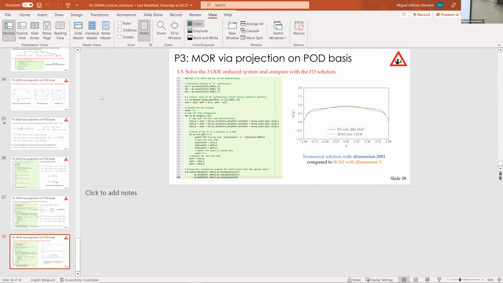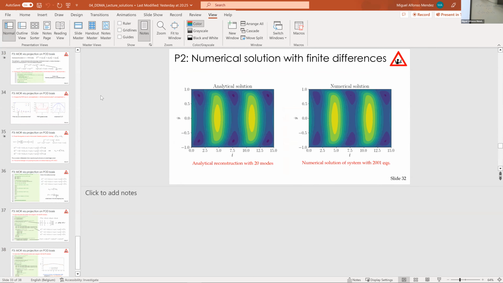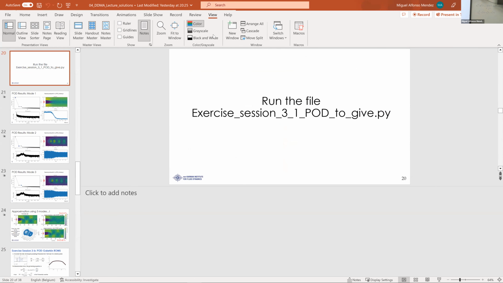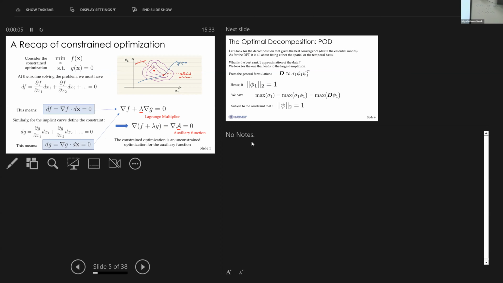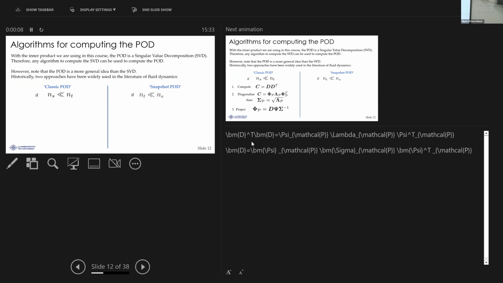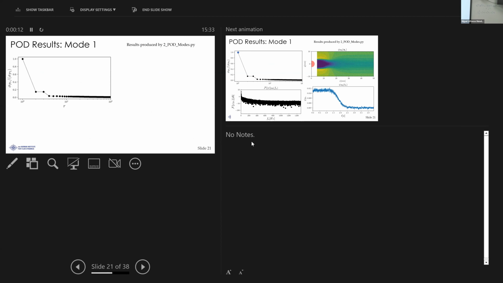No, maybe I will show you something else. This optimality, you remember yesterday, this is in exercise 3.1 to give. Yesterday we did the DFT of the cylinder. You remember the cylinder flow? Mm-hmm. And then we built an approximation with something like 50 Fourier modes, you remember?